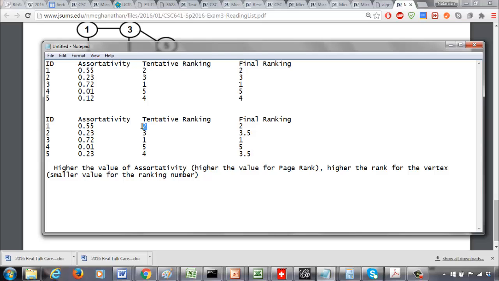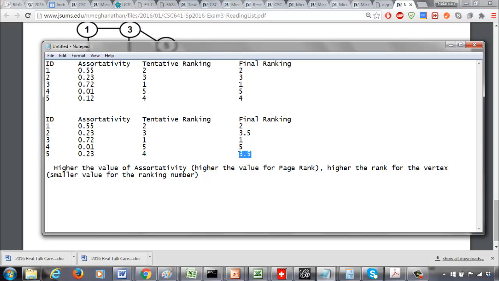Then similarly tentative ranking 2, only one vertex has the value of 0.55, so the final ranking will be same as tentative ranking. On the other hand, you will notice that there are two vertices with the value 0.23 and 0.23. So you would have to take the average of the tentative ranking values. So it will be the average of 3 and 4. So that will be 3.5.